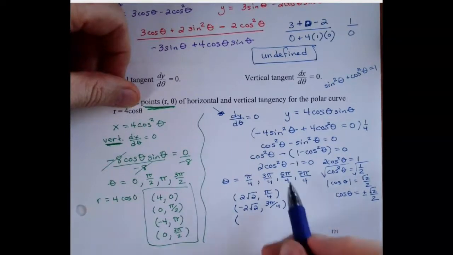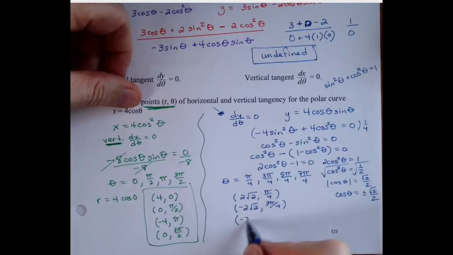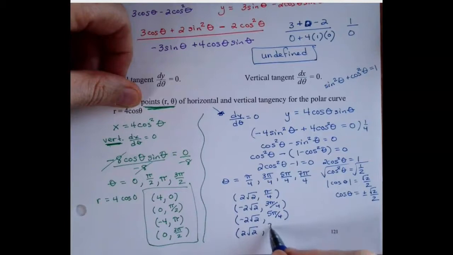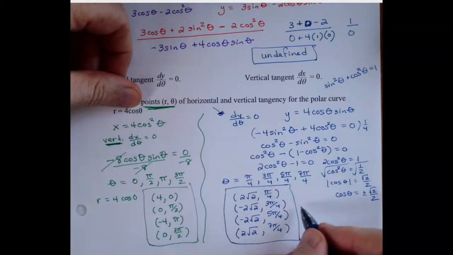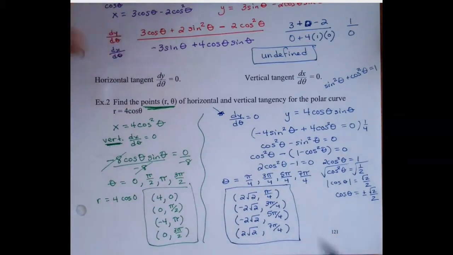Then when we go to 5 pi over 4, that's also going to be negative. And finally, the last one at 7 pi over 4, cosine of 7 pi over 4 is a positive root 2 over 2. So those are our points where we have a horizontal tangent line.